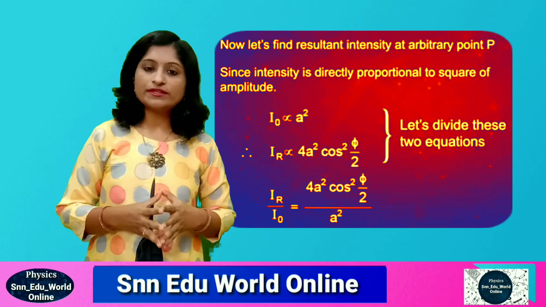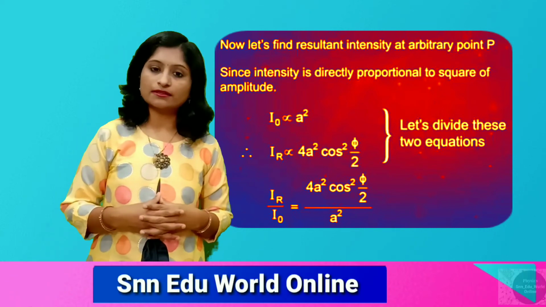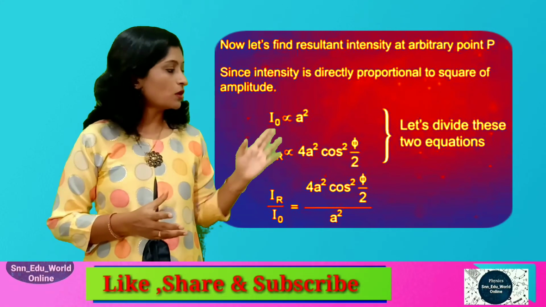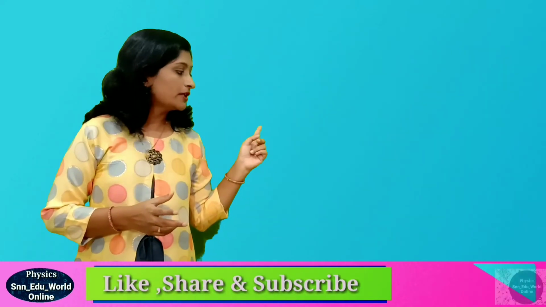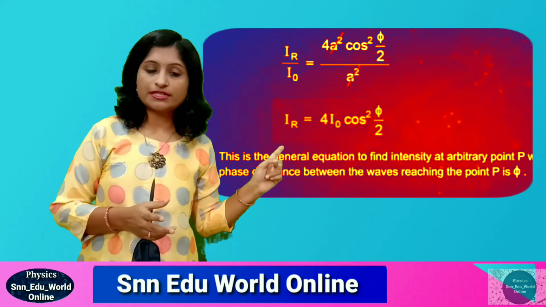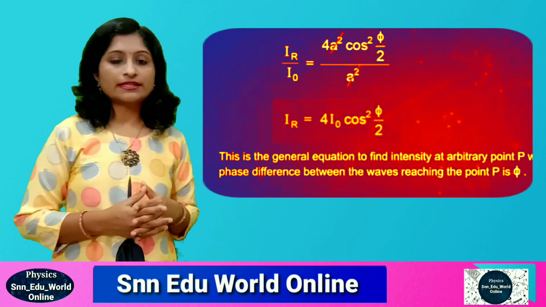So here there are two intensities: I naught of the original wave, and IR of the resultant wave. If you take the ratio of these two intensities, IR by I naught, here we are getting 4a square cos square phi by 2 divided by a square only. So a square gets cancelled out.